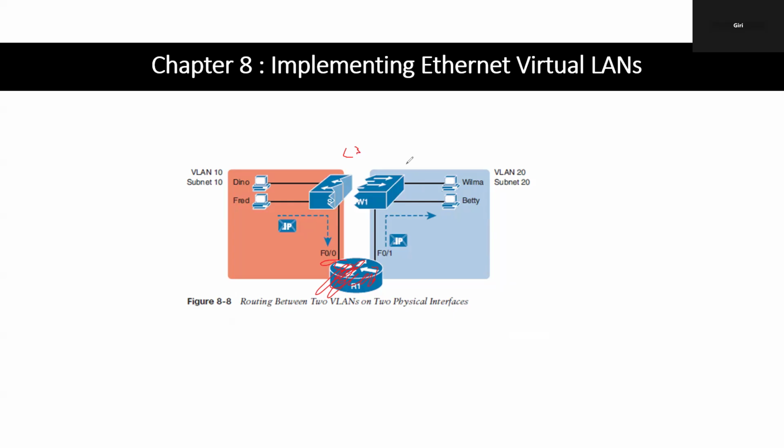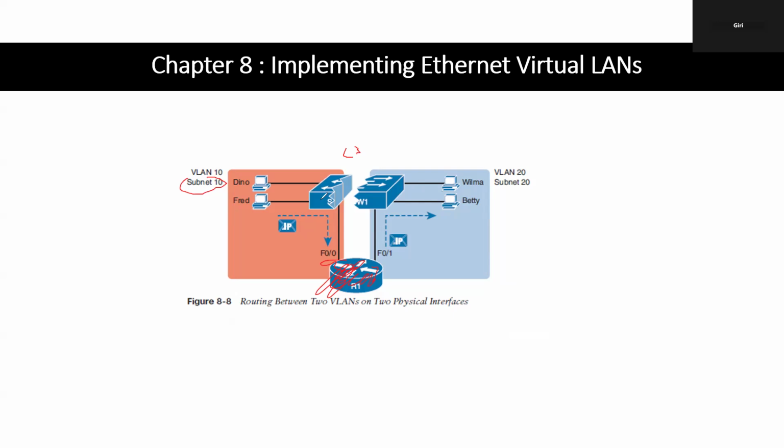Here's what I mean. If Dino and Fred are in subnet 10, let's say 10.10.10.50 and .51, we'll give it those IP addresses, /24. My gateway, my layer three instance on this same switch, my multi-layer switch, is 10.10.10.1.